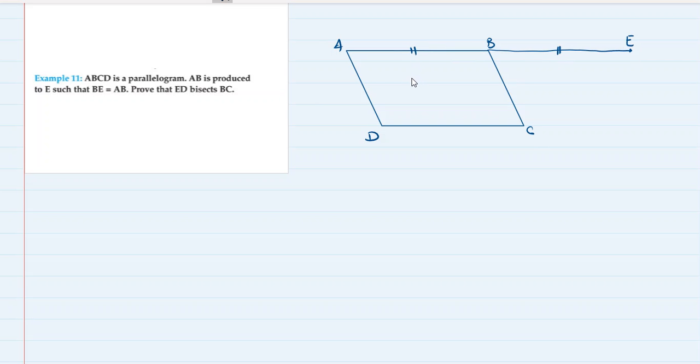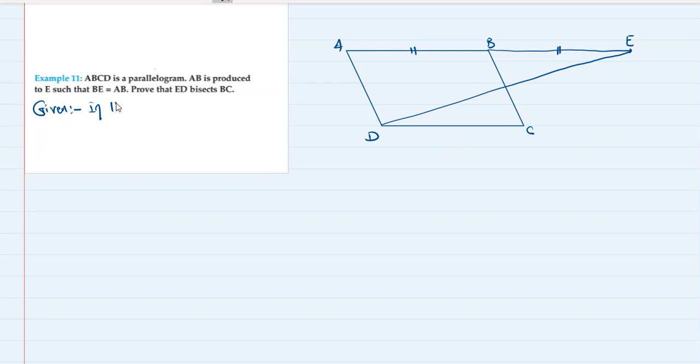Prove that ED bisects BC. So we have to join D to E, and we have to prove that this DE bisects BC. Let's write given. Very nice question, this one.